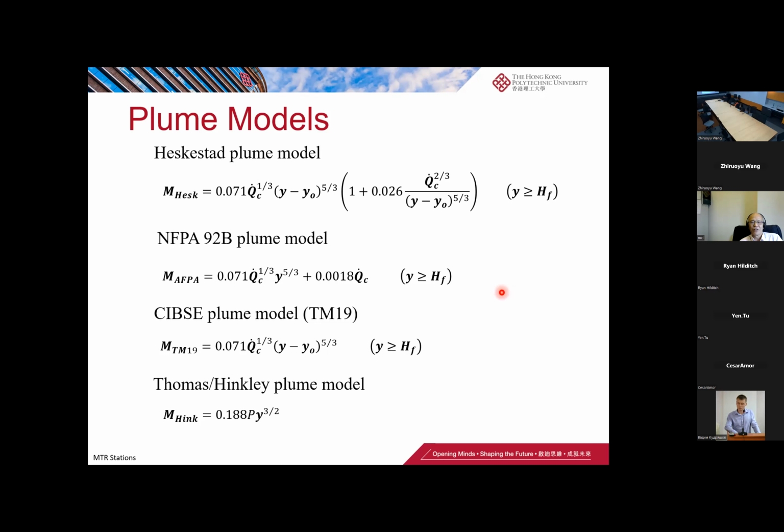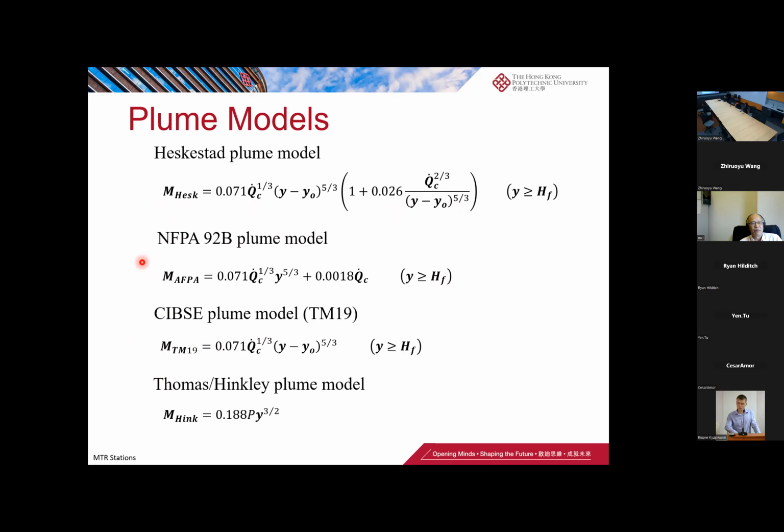Of these four models, the last three have been used. The first one, Hesketad, is basically the basis of all three. At least two of them are based on the Hesketad model, which was developed in the late 1970s and early 1980s.